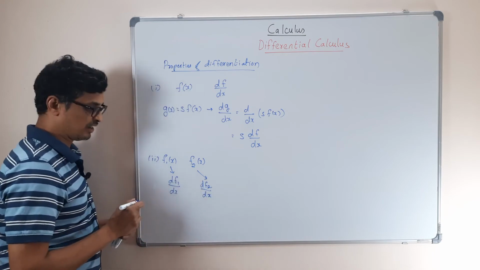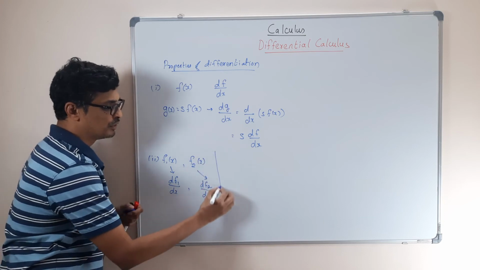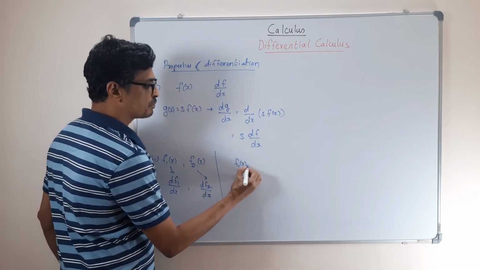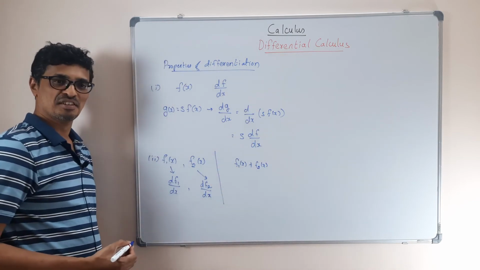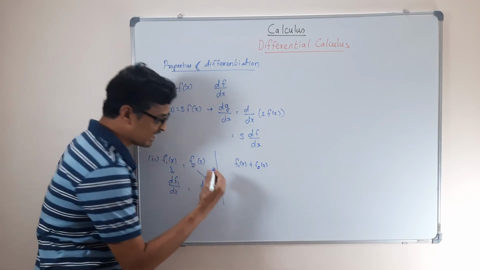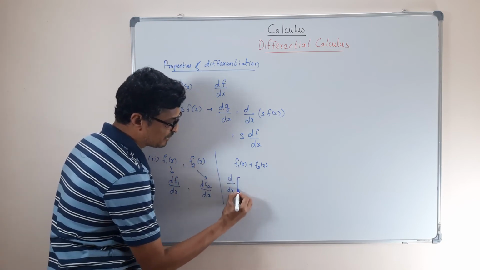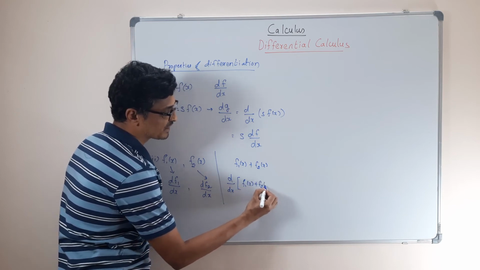Now, they both are individual functions, correct? Now, I am asking you, what will be the differential of f1 of x plus f2 of x? That is, what is d by dx of f1 of x plus f2 of x.